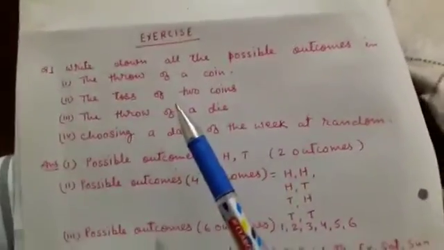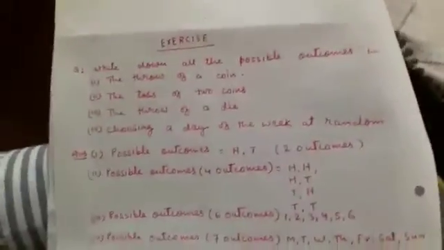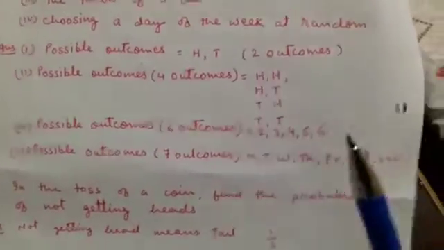The toss of two coins: when we toss two coins at the same time, what will be the possible outcomes? Head head, or head tail, or tail head, or tail tail. So it has 4 possible outcomes.